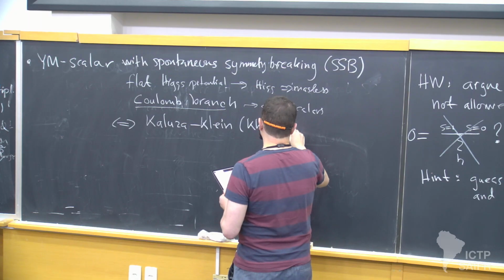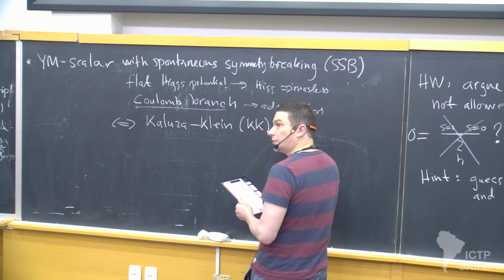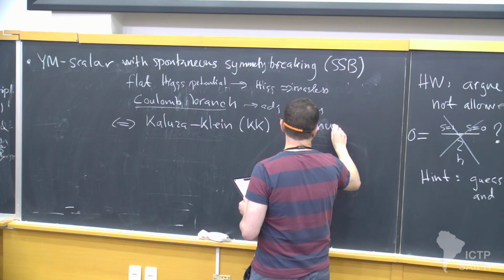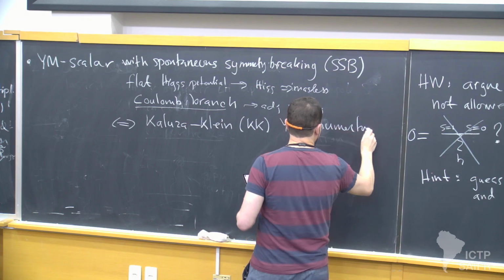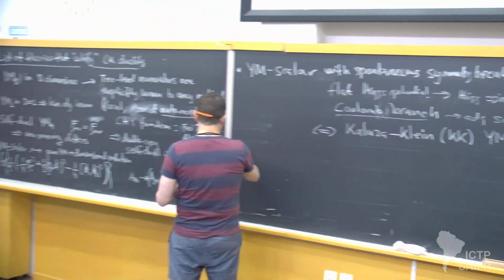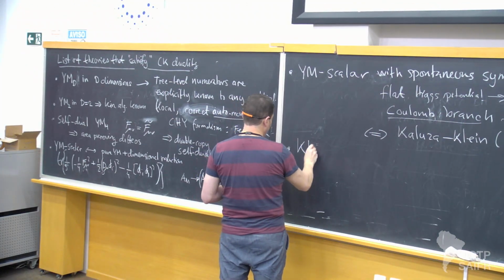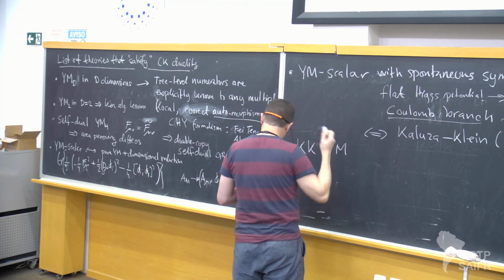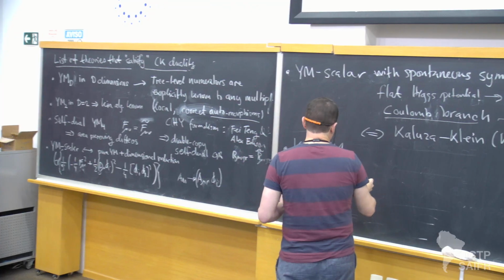So this is secretly related to Kaluza-Klein Yang-Mills, specifically the numerators of this theory. Okay, so let's put that on the list next. So Kaluza-Klein Yang-Mills satisfies Color-Kinematics Duality.